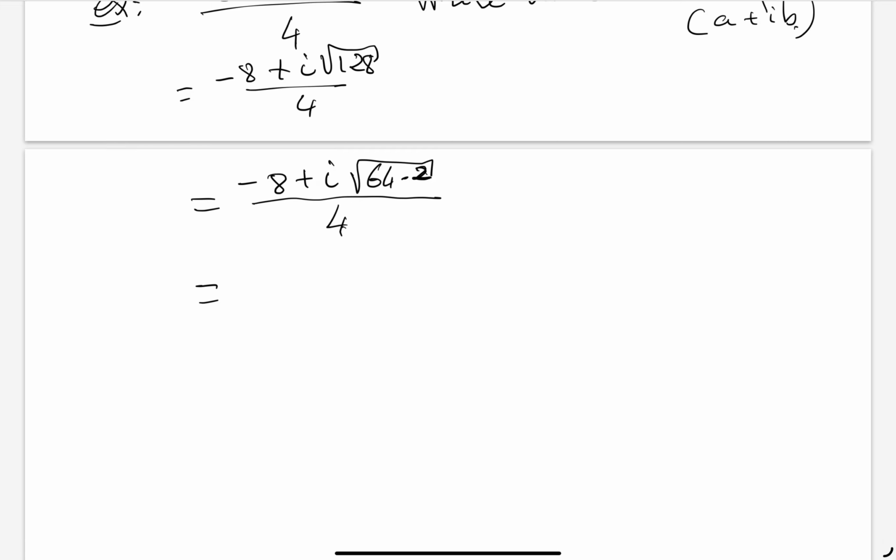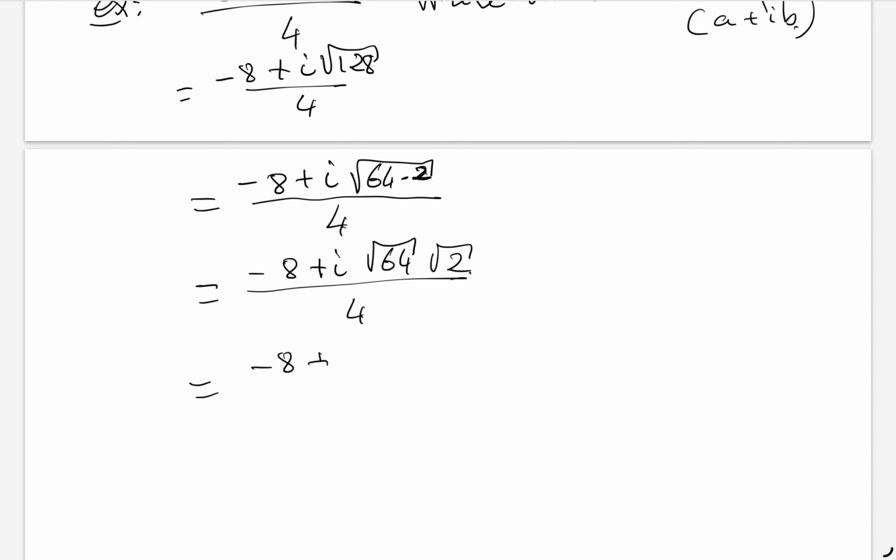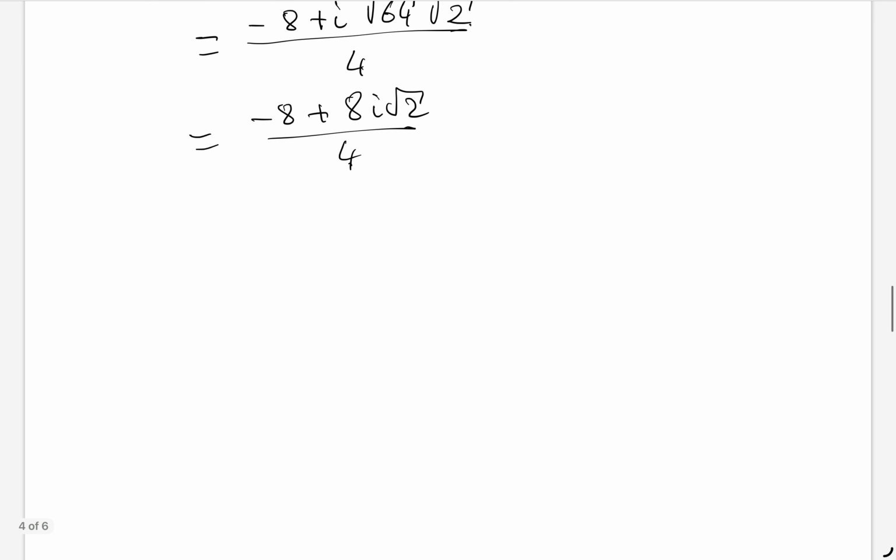And then now I will have negative 8 plus i, and here I have the square root of 64 times the square root of 2, divided by 4. And here I have negative 8 plus 8i square root of 2, divided by 4. Okay. And now it's easy. You can factorize by 4, the top and the bottom.